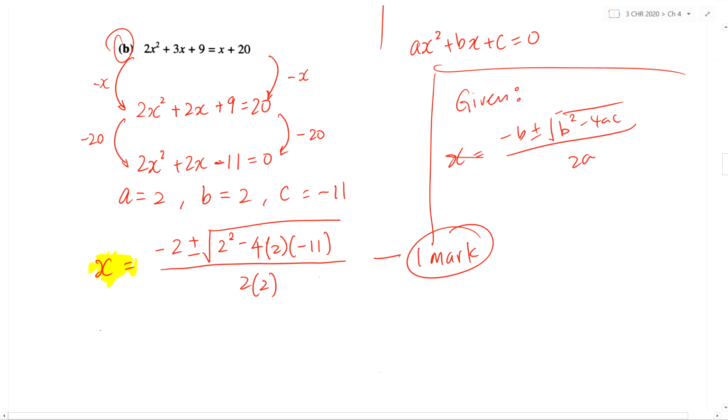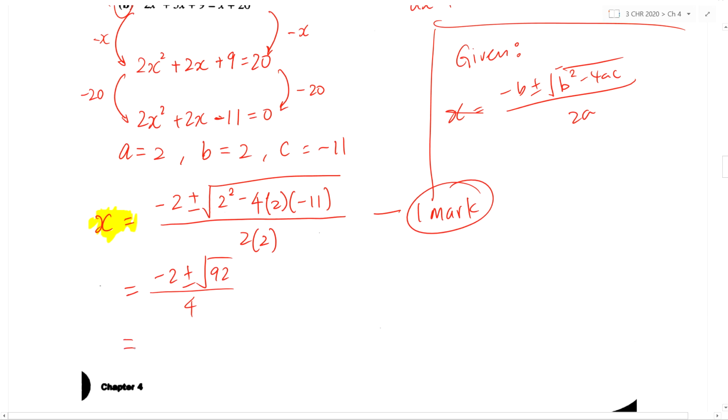Okay, correct substitution is 1 mark. Now with the evaluation: minus 2 plus minus square root of 2 squared minus 4 times 2 times negative 11, this is square root 92, over 4. So 2 answers.